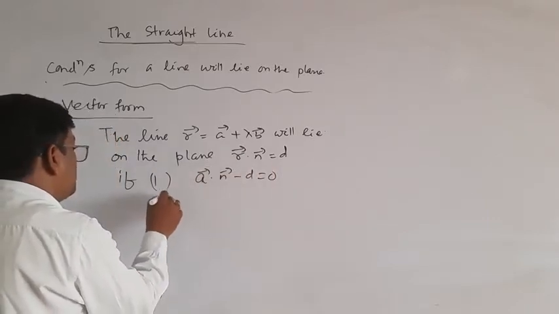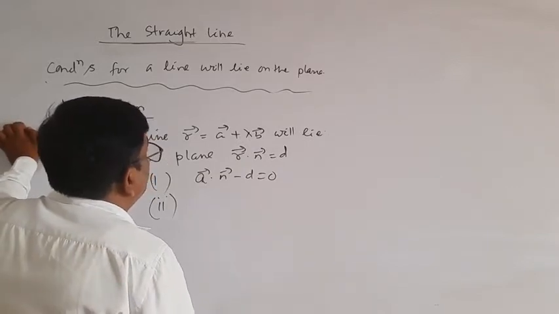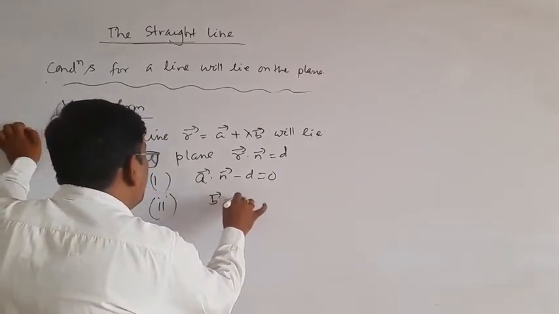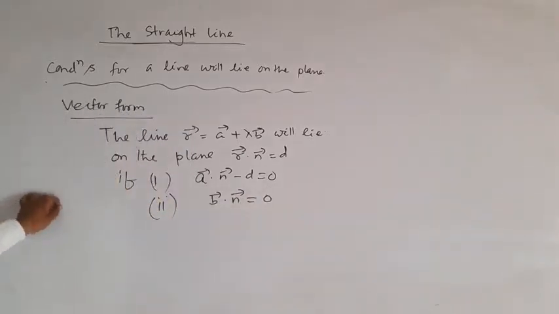Number two condition, that is b dot n is equal to 0.